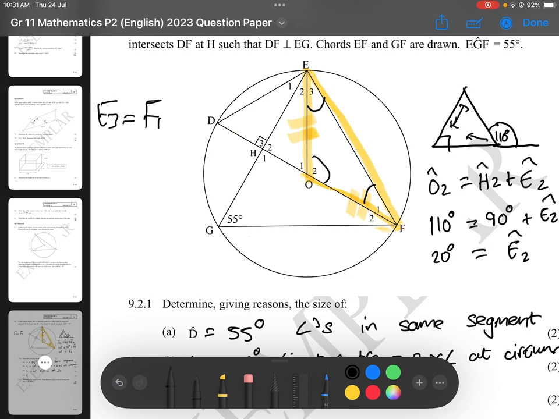And I know O2. So I know the sum of a triangle has to be equal to 180, which is O2, 110 degrees, plus E3 plus F1. Let's say that E3 is equal to X, right? And because E3 is equal to F1, F1 is also equal to X. So I'd have 180 is equal to 110 plus 2X.